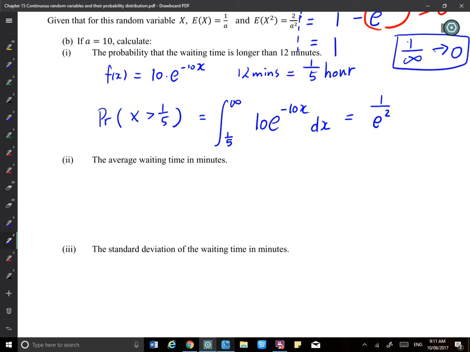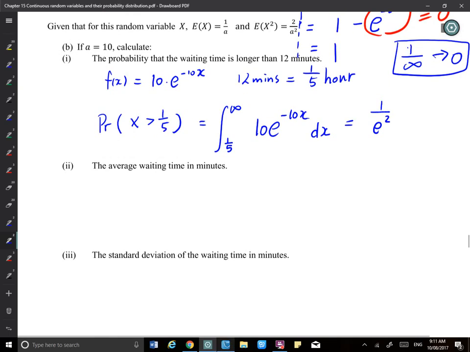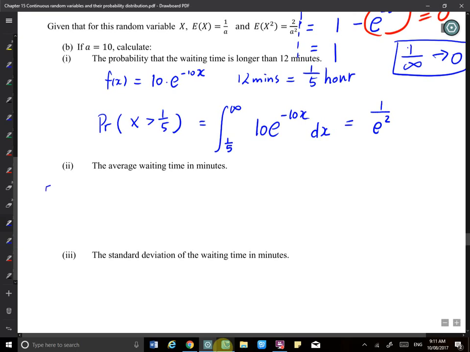The average waiting time in minutes. That is expected x. Expected x can be calculated by 0 to infinity x times 10e to the minus 10x dx. Normally I can calculate this way.